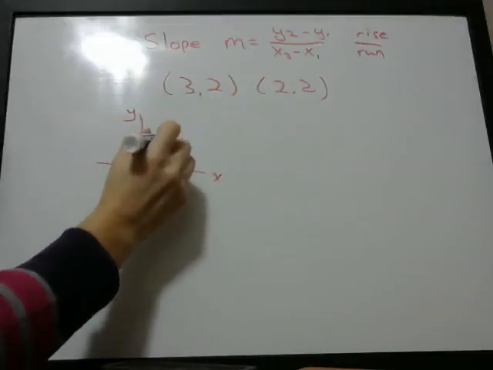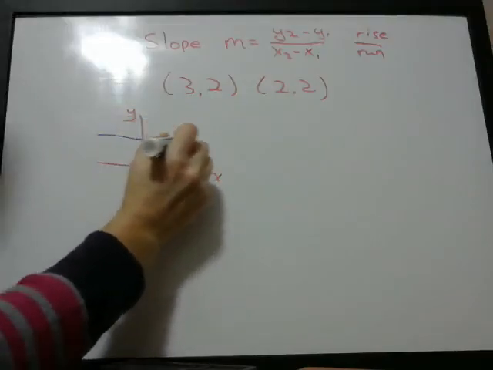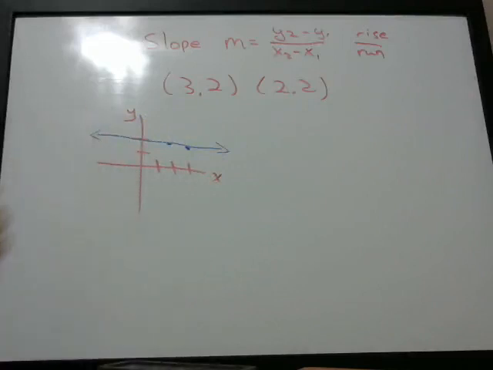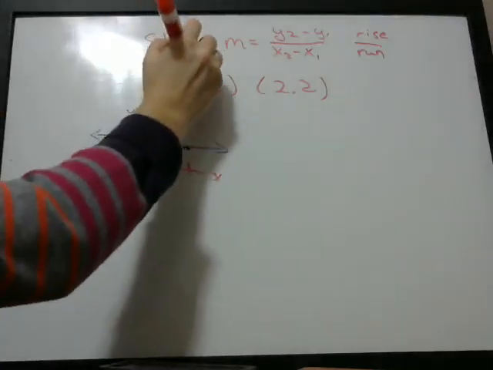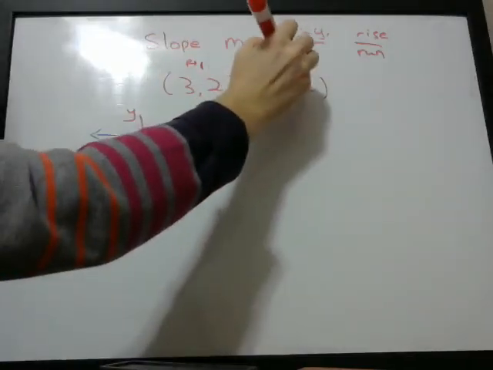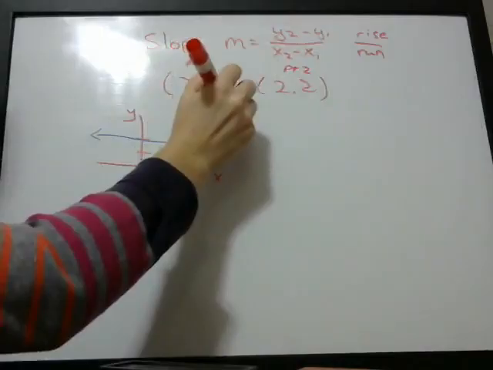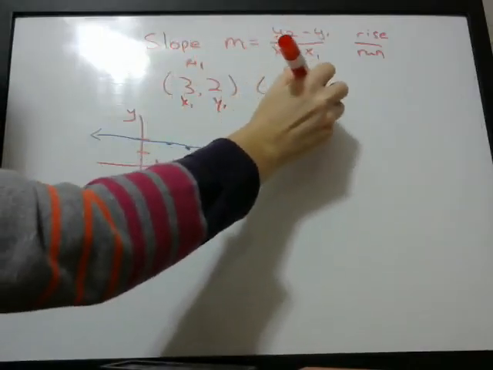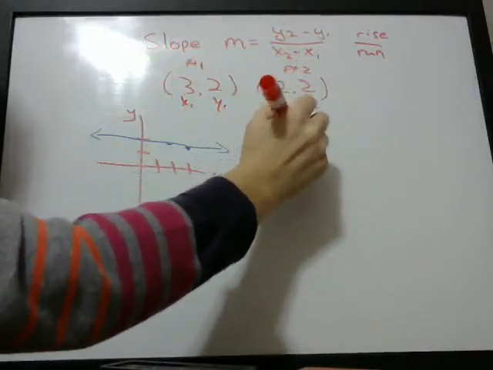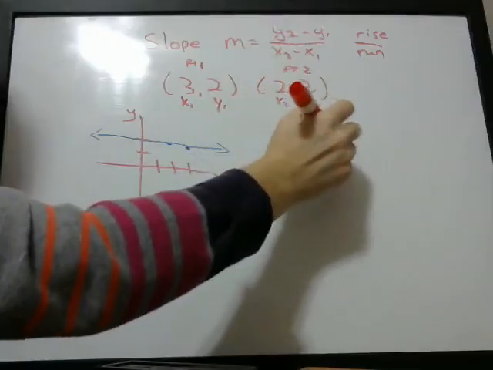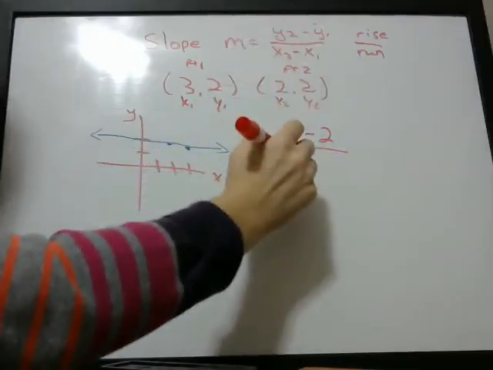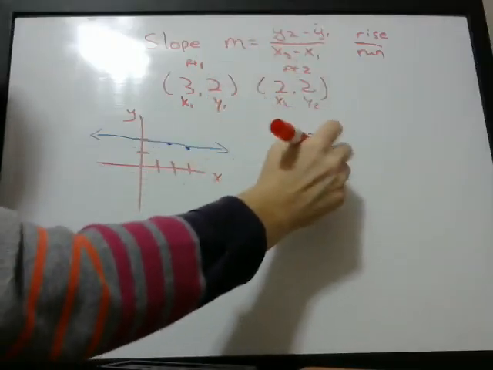We're going over 2, up 2. So we have a perfectly horizontal line. Again, this is point 1. This is point 2. x1, y1, x2, y2. y2 minus y1 over x2 minus x1.